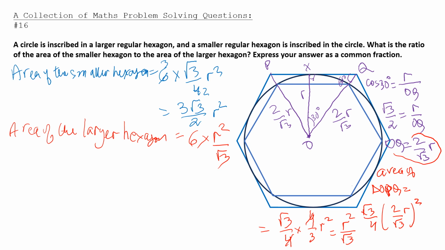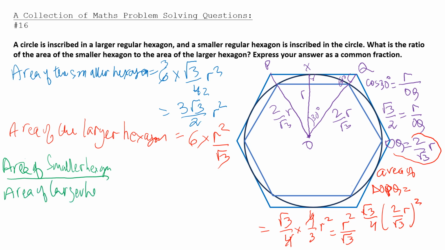So now I have to find the ratio of the area of the smaller hexagon divided by the area of the larger hexagon.